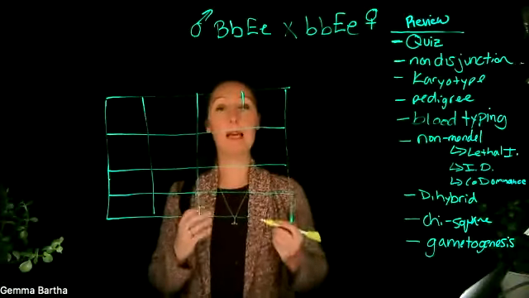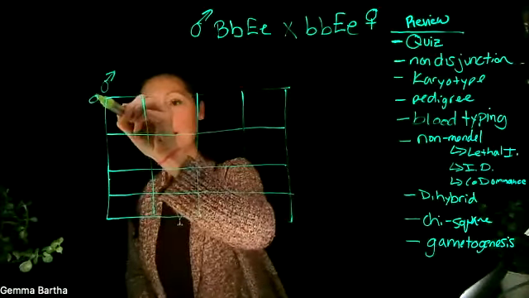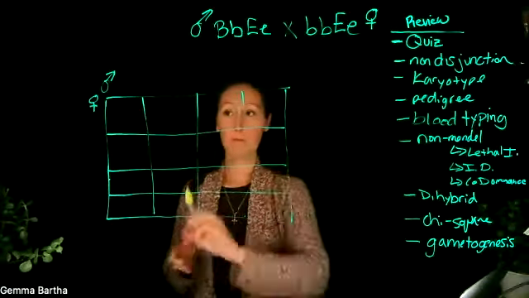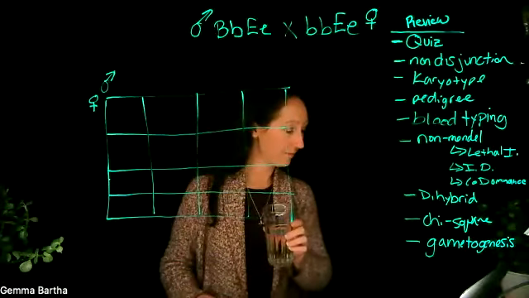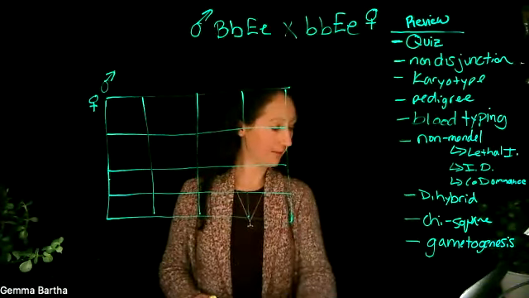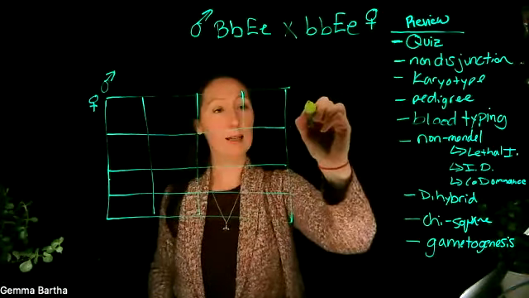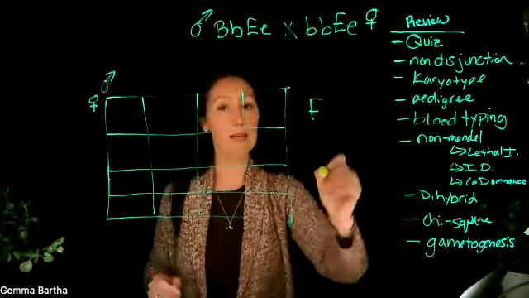So can anybody tell me, let's say that dad's here and then mom is here. How would we put dad's genes down? How would they go at the top? Anybody want to take a guess? Yeah, you have to FOIL it. Yep. I had somebody ask me in class, I know I have to FOIL it, but I don't remember what that is.